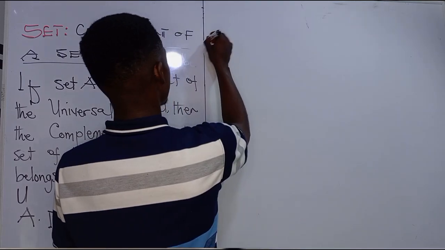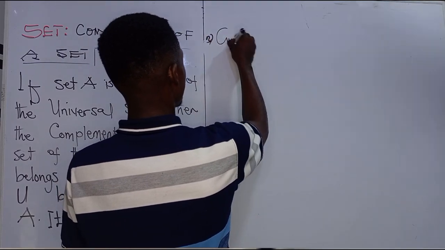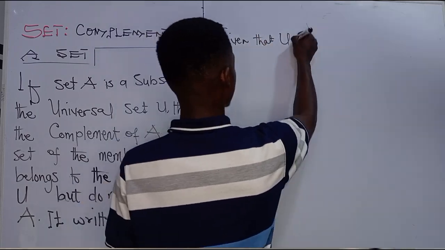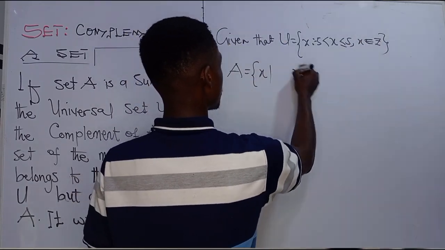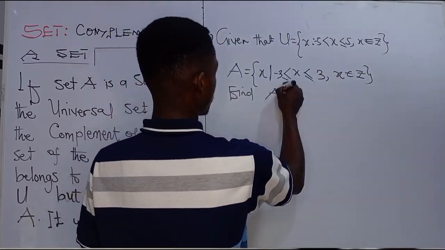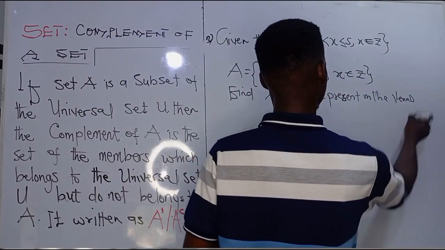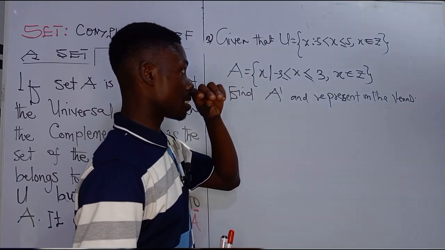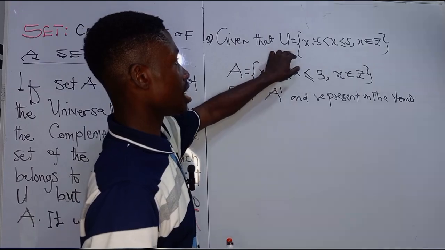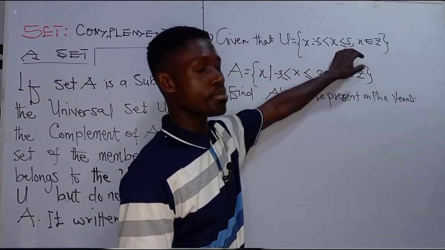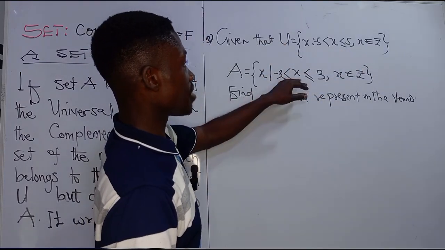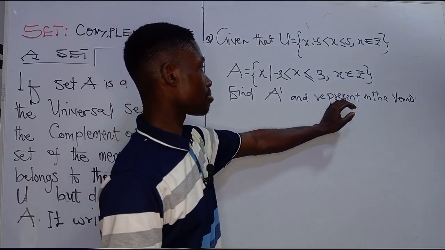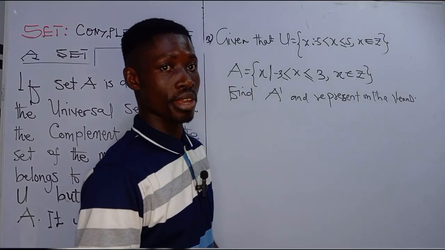So we have example 3, our last example. It reads that given the universal set containing these elements, and a subset of the universal set containing these elements, we have to find the complement of A and then represent it on the Venn diagram.